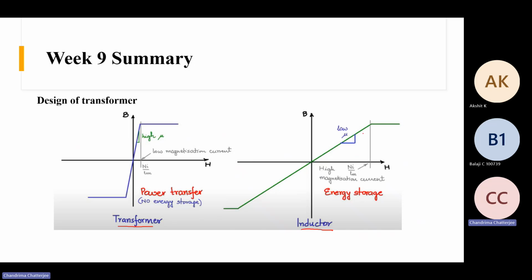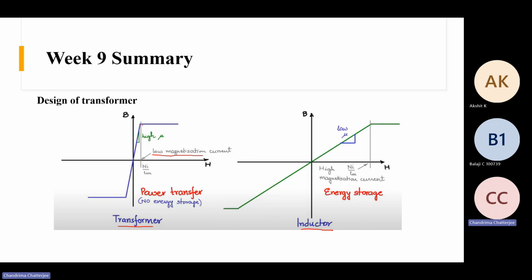Here we don't need to change the slope like we did for the inductor. We were introducing some air gap, but here it is not required because it doesn't have to store energy. The lesser the magnetization current, the better. For an ideal transformer, the magnetization current is zero. But practically there is some finite amount of magnetization current, and the lesser it is, the better the performance of the transformer will be.